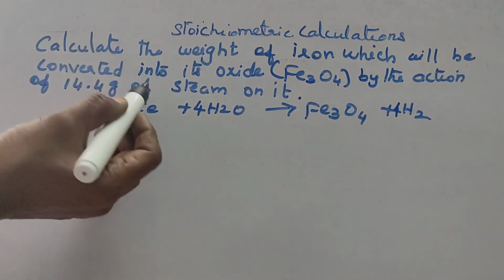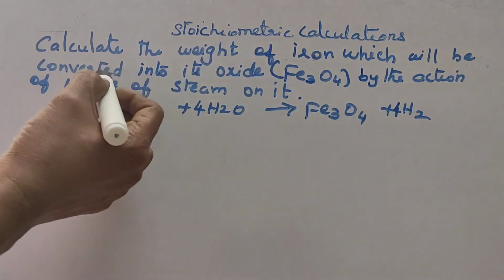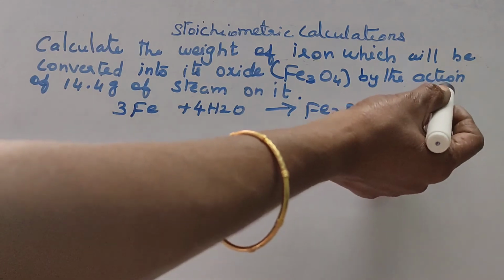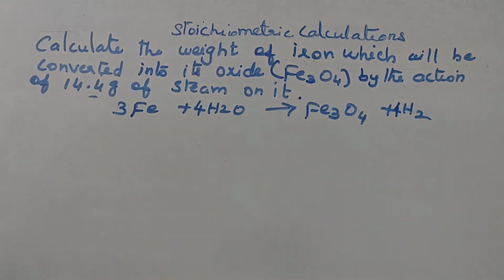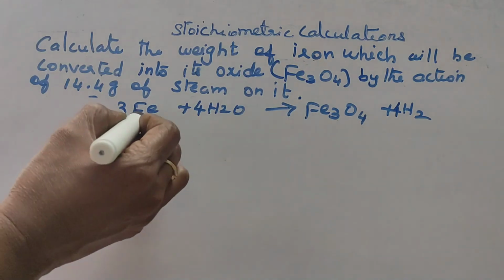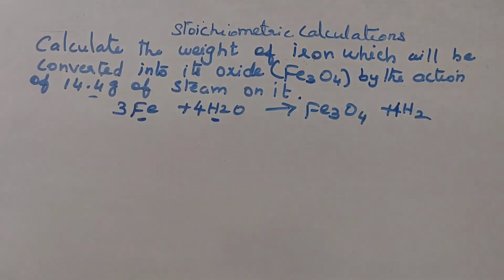Next, what relationship should we find out? The weight of iron converted into its oxide by the action of 14.4 gram of steam. This is also mass, so the relationship is mass-mass relationship. What are the two things interconnected? Iron and steam, only these two things.